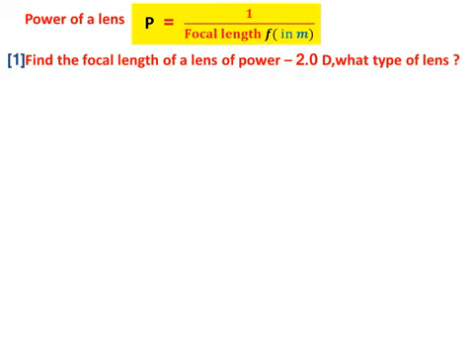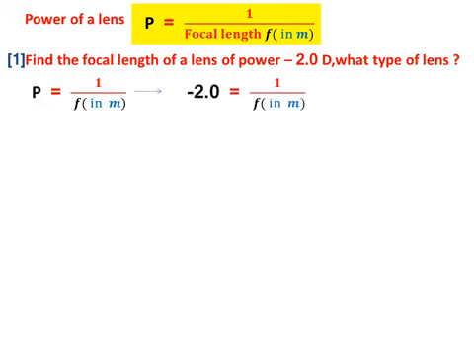Now our first numerical is: find the focal length of a lens of power minus 2.0 diopter. What type of lens? We know that the power of lens P is equal to 1 upon focal length f. So put the value of P here. So here P is equal to minus 2.